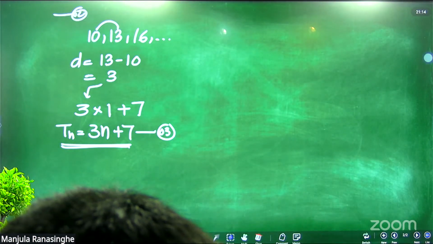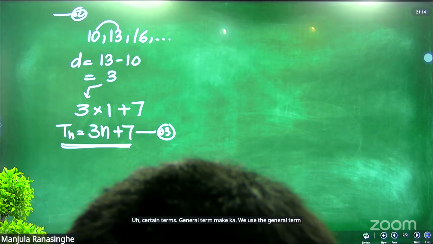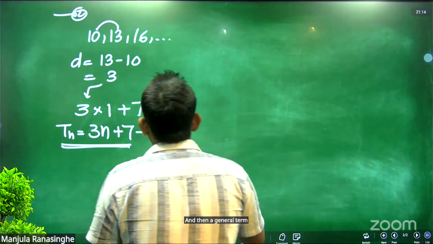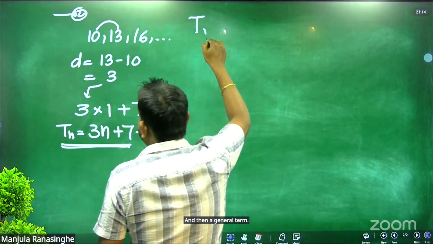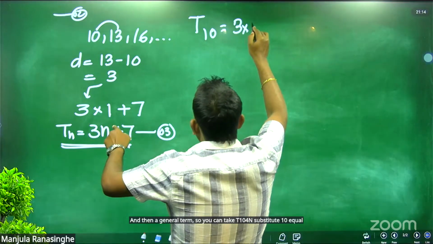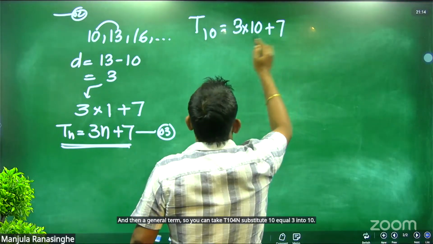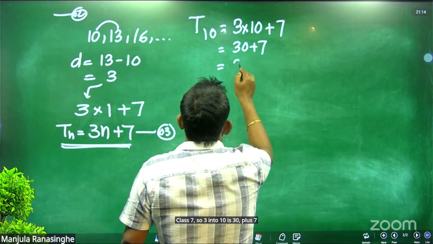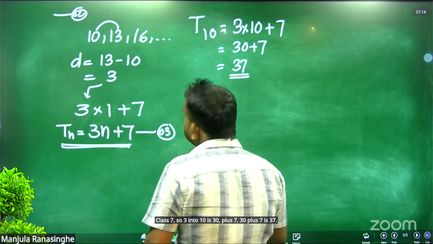We use the general term to find the 10th term. For n substitute 10: T10 equals 3 into 10 plus 7. 3 into 10 is 30, plus 7 is 37. So that is T10.